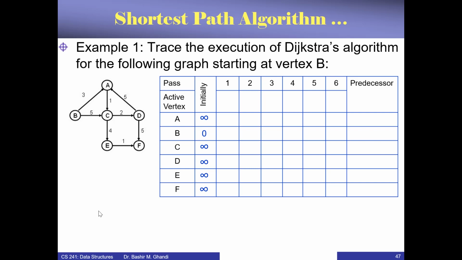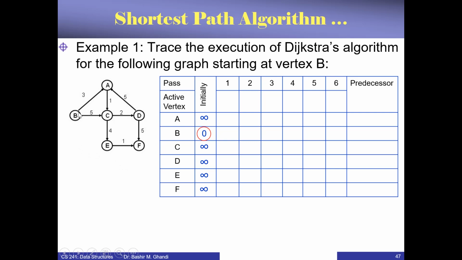First, identify among these values which is the smallest. Obviously 0 is the smallest in this case, so finalize that cell. There is no better way of reaching B than 0, so we finalize the cost of reaching B.